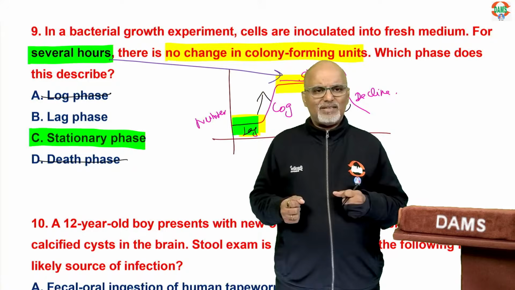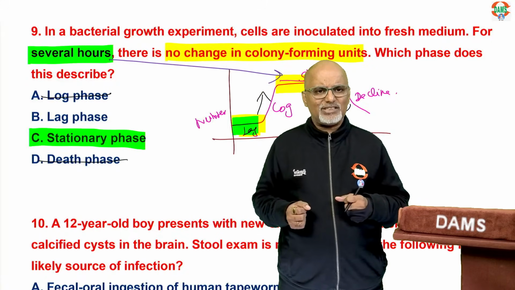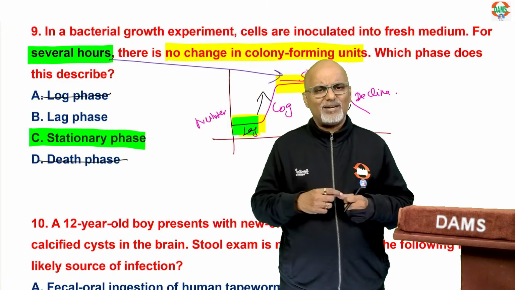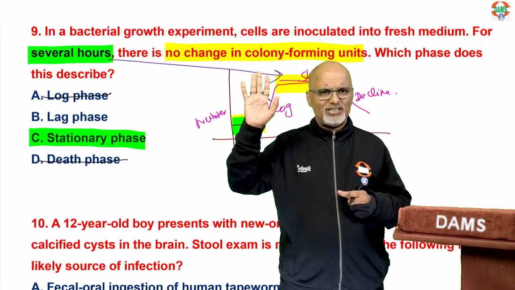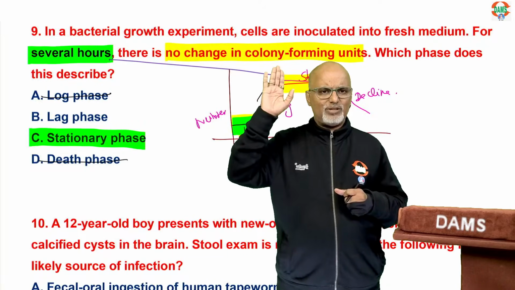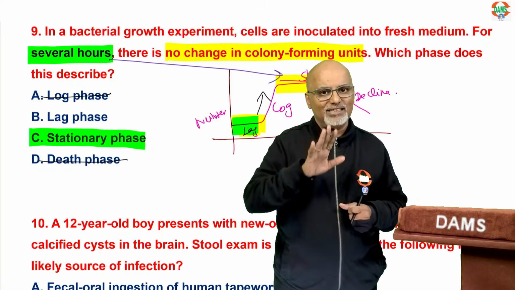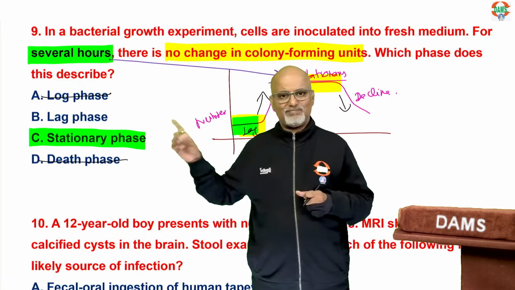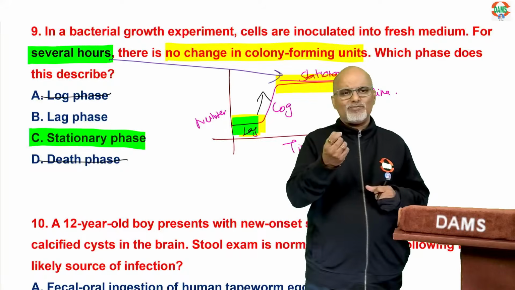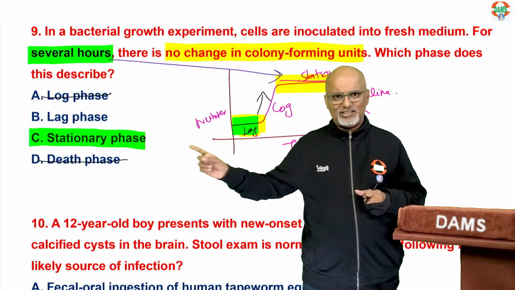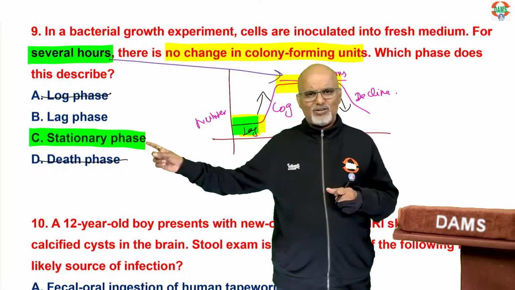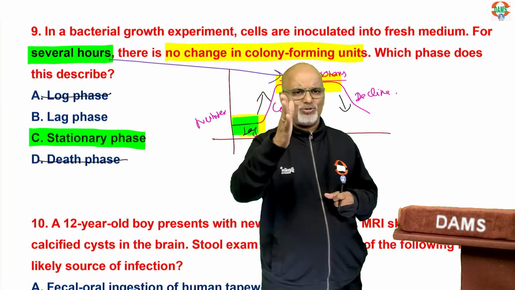Or we can see gram variability in gram stain. I add only one phrase, gram variability seen, same history, no change in colony forming units, then stationary. Or I can give one more word: sporulation seen. Stationary phase. These are all 200% stationary phase.